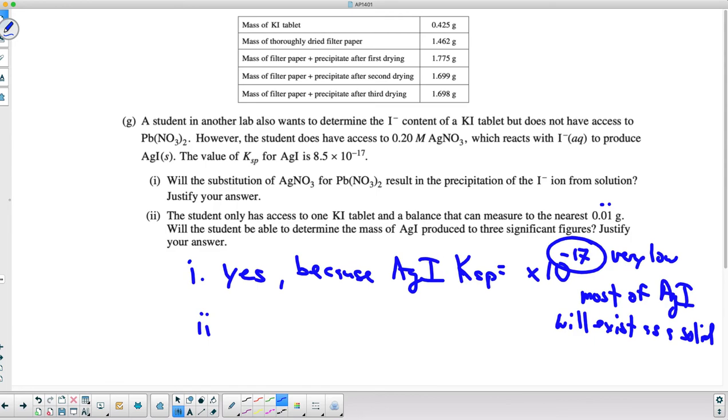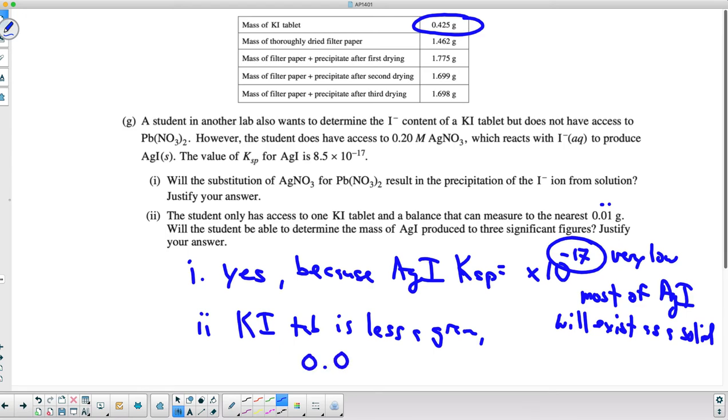Now, here's the deal. If the potassium iodide we started with up at the top is less than a gram, which it is, it's less than half a gram, because the KI tablet is less than a gram, that means you will only get 2 places because of the balance.